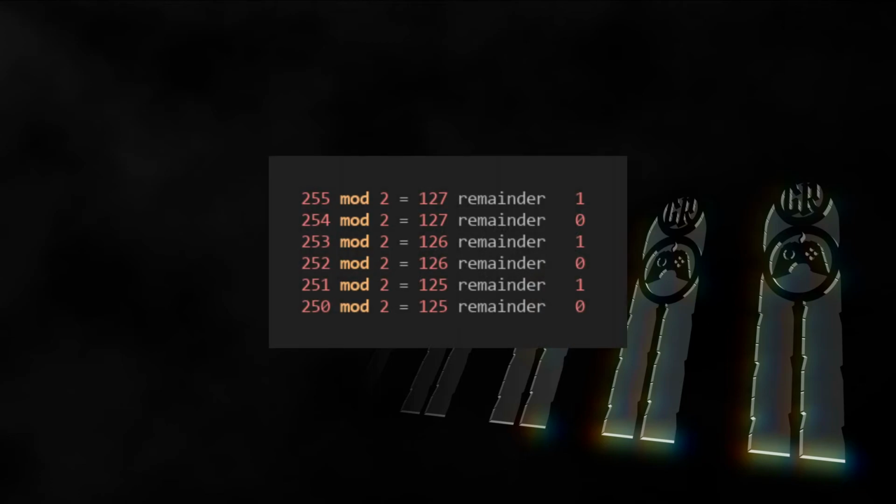Color data stores R, G and B with values ranging from 0 to 255 each. So if we mod 255 by 2, the remainder is 1, and if we mod 254 by 2, the remainder is 0. If we mod 253 by 2, the remainder is 1 again, and so on and so forth.